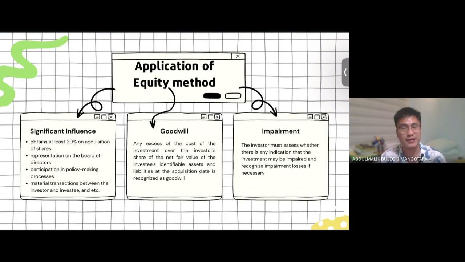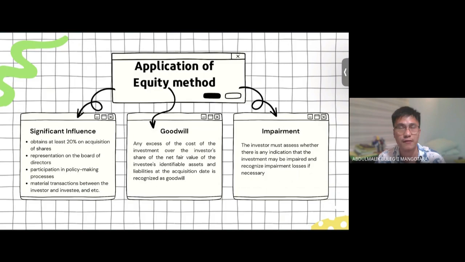It is when an investor holds between 20% up until 50% of the voting power in an investee. It is generally presumed to have significant influence. However, significant influence can exist even with a lower percentage if other factors are present.